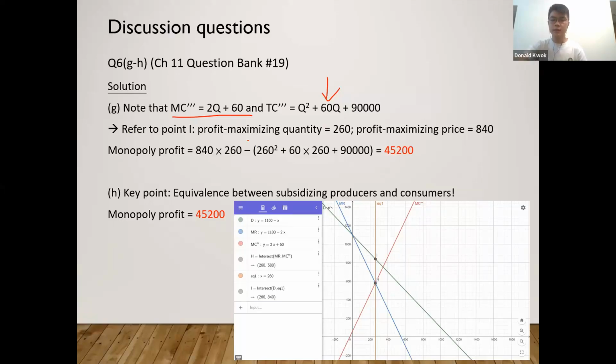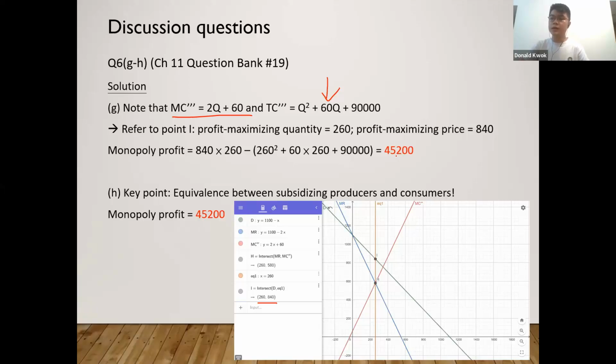Again, using the new MC and the original MR, we are able to find the profit maximizing point of the firm. Quantity is 260, price is 840. And we are able to calculate the corresponding monopoly profit with the same technique: 45,200.